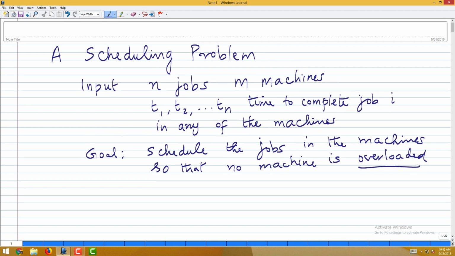So, what does this mean? Minimize the term called make span, and what is this? This is over all the machines.